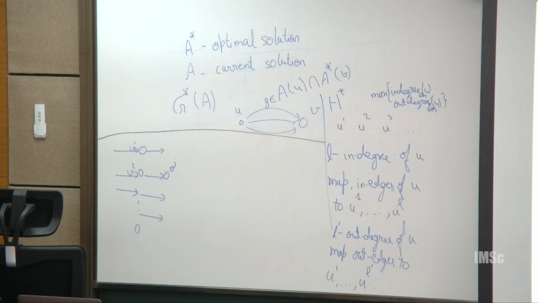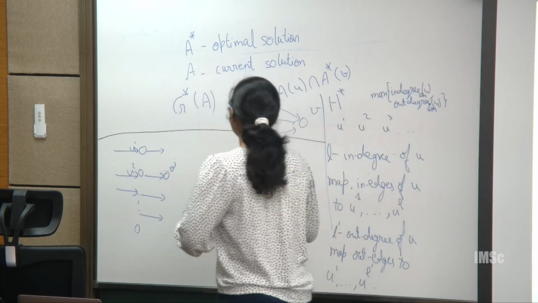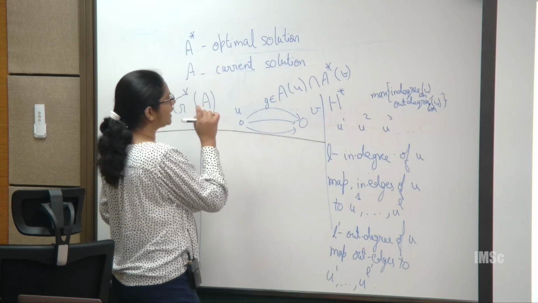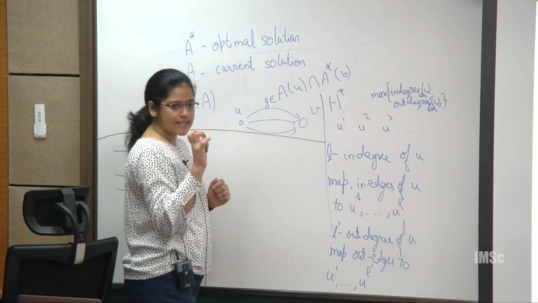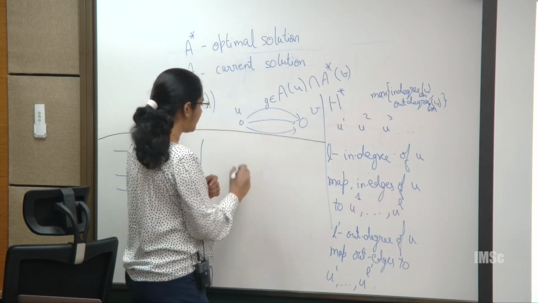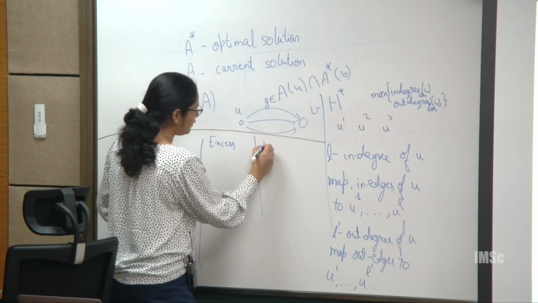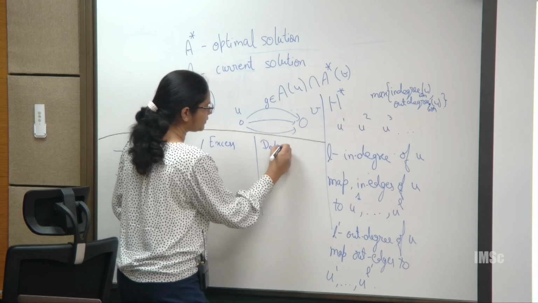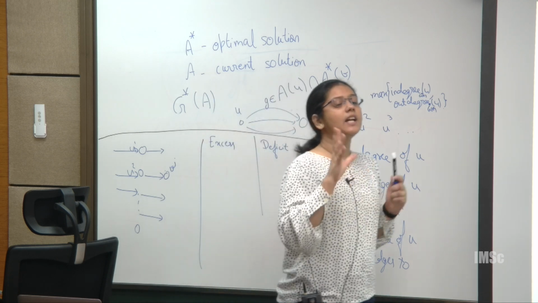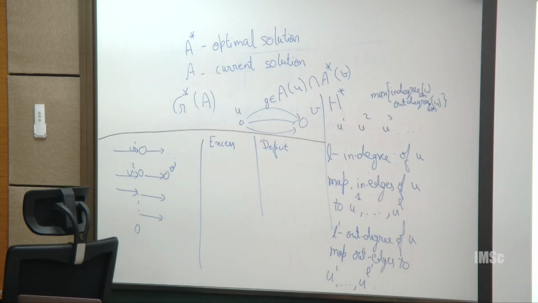Okay. One more thing I need to define actually. Let us partition the vertex set into two sets, excess and deficient. What does excess mean and deficient? Excess means that this particular agent has more items in A as compared to A star. This has excess of goods, right, and deficient means it is deficient of goods.